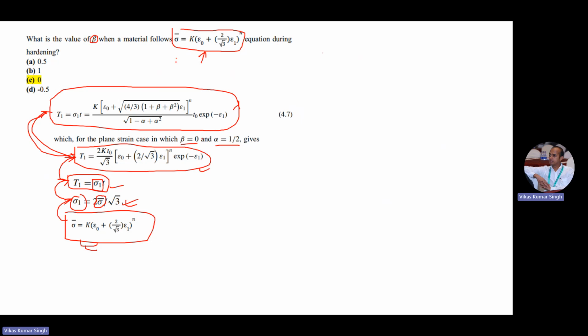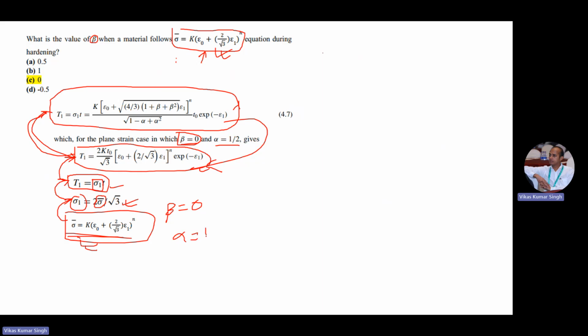We know this formula from the previous question, when we put beta equal to 0, it came from here to here. So obviously beta is going to be 0 for this equation. Finally we get this form when beta equals 0. So beta equal to 0 and alpha equal to half.